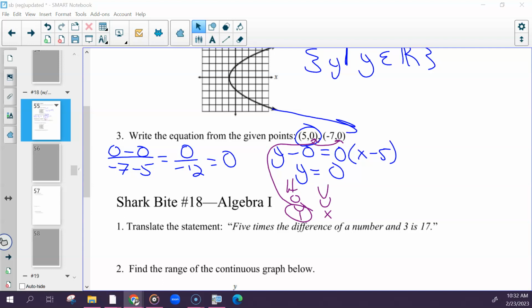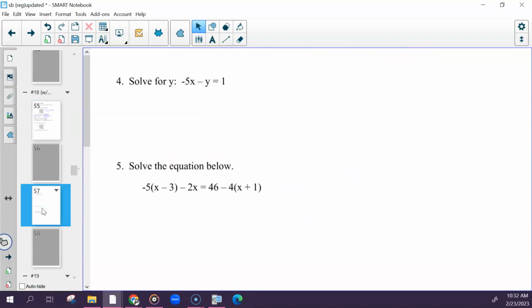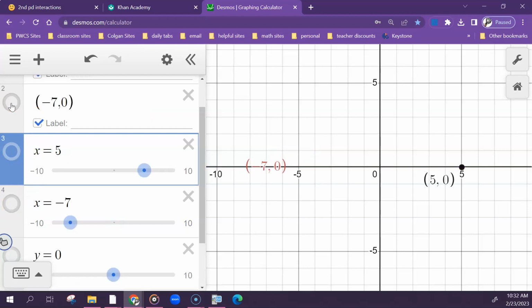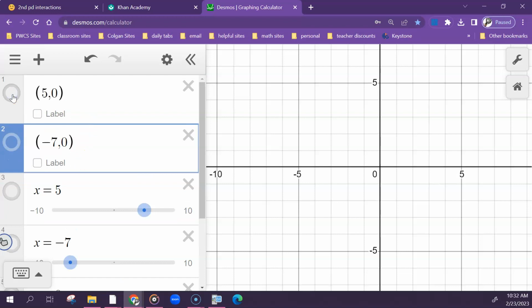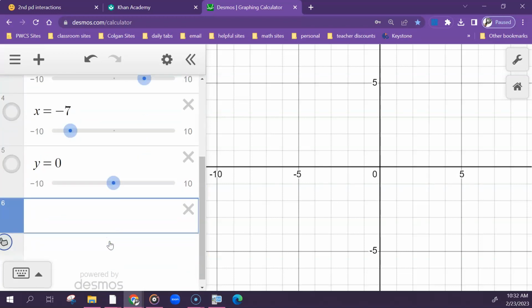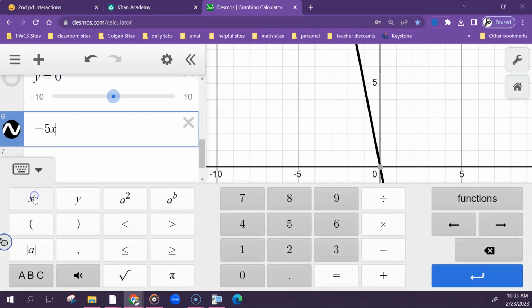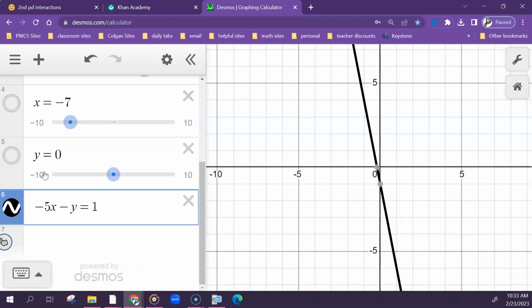For number 4, that can be done in Desmos if you know what you're looking for. So if I were to type in the equation given, negative 5x minus y equals 1. Now, you could just solve this, and that would work.